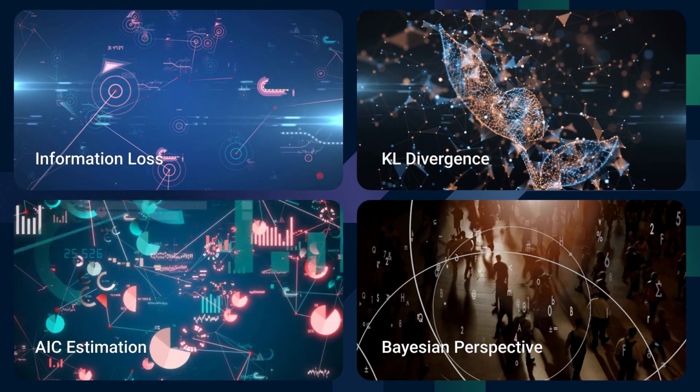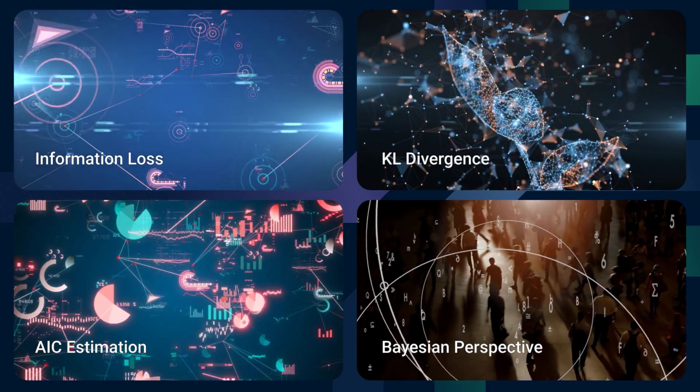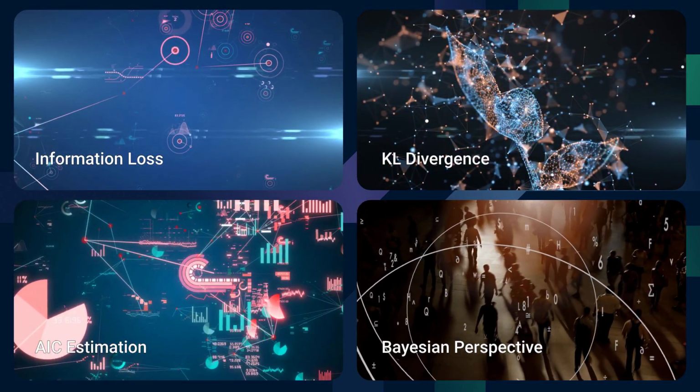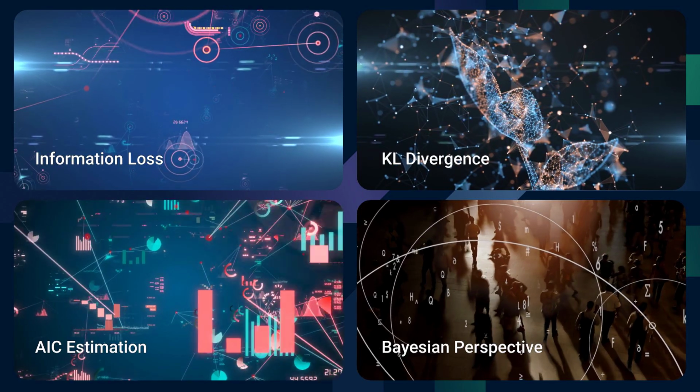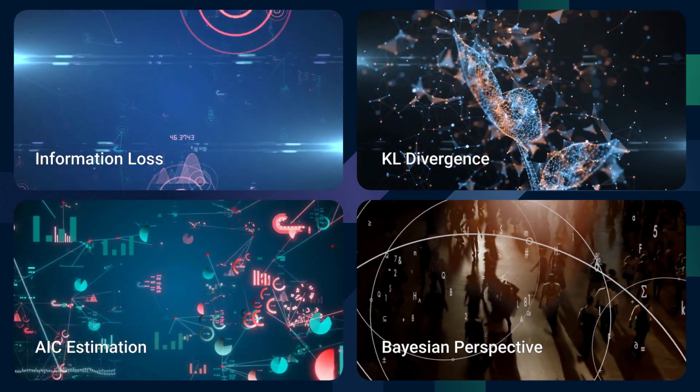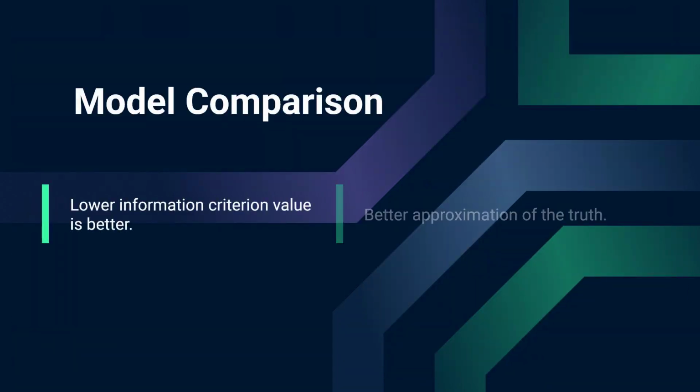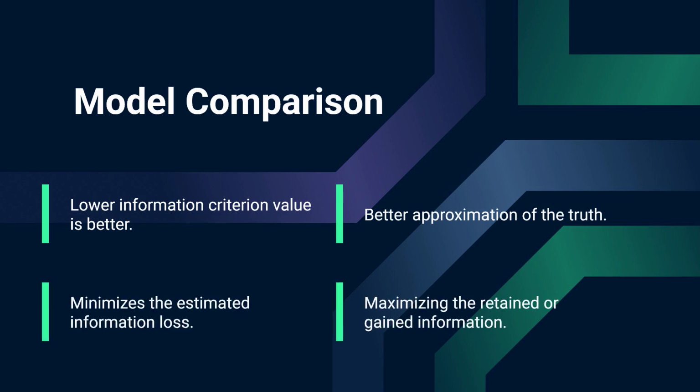Similarly, BIC can be derived from a Bayesian perspective, approximating the Bayes factor, which represents the evidence for one model over another. By model comparison, the model with the lower information criterion value is estimated to have lost less information. Therefore, among the candidate models, it's considered to be a better approximation of the truth and is preferred.